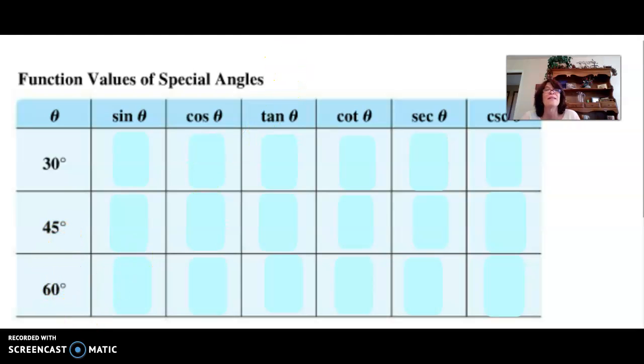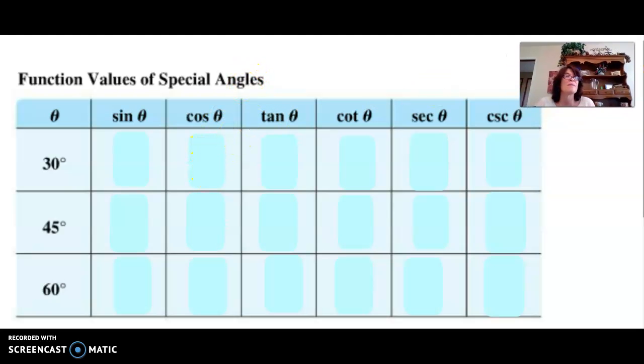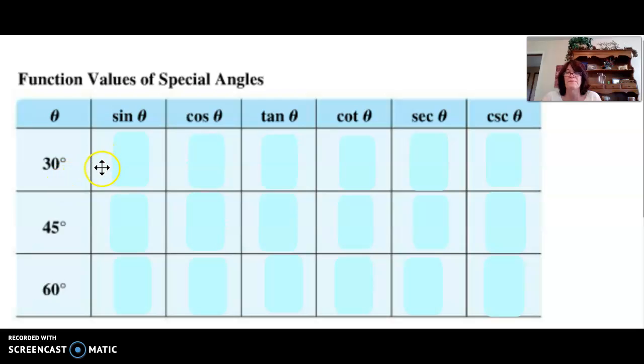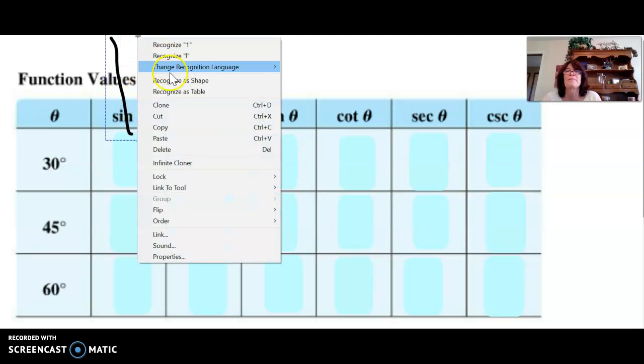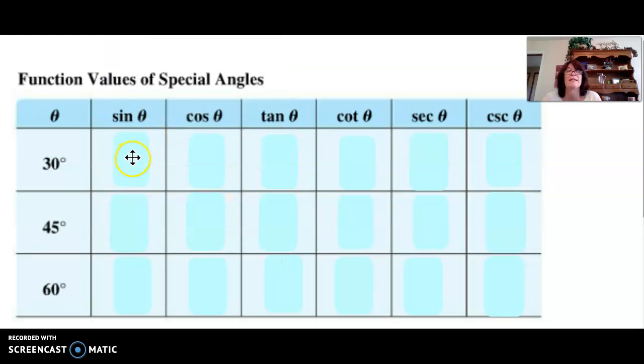And this is another thing that would be handy if you would memorize. All right, we'll work on ways to memorize it during class, don't worry. And the more you work with it, you just start memorizing them anyway. I understand you can put them in your calculator, but if you put the cosine of 30 degrees in your calculator, you're going to get a decimal approximation, and we're going to want square root of 3 over 2.